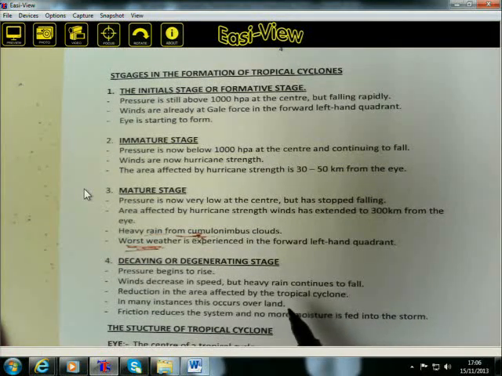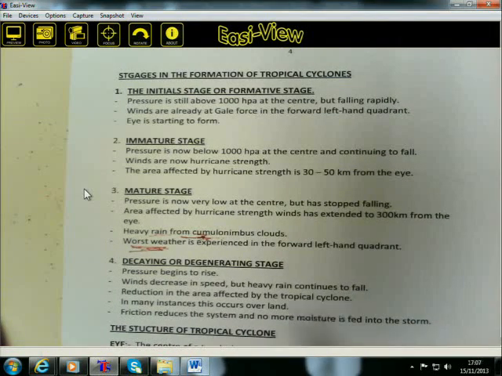And there will be a reduction in the area affected. Remember, in the immature stage, a certain area was affected, 30 to 50 kilometers. But in the mature stage, the area became larger than that, to 300 kilometers.